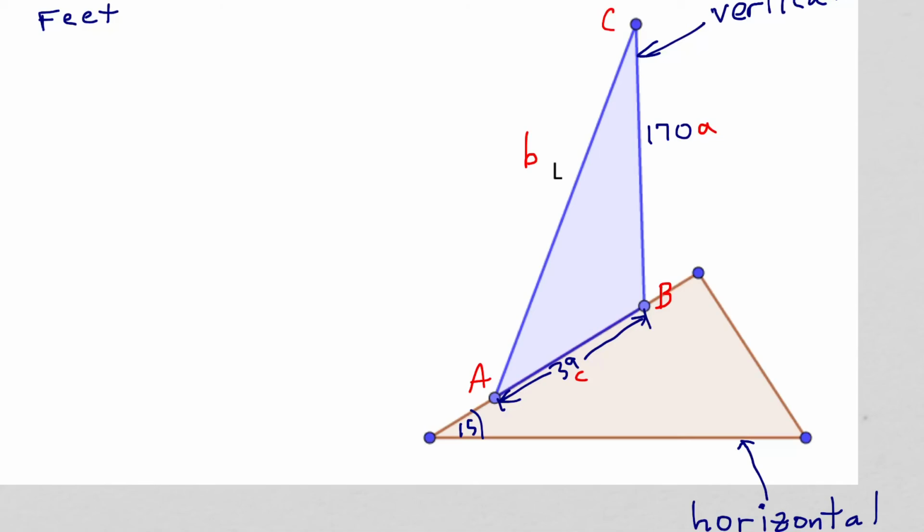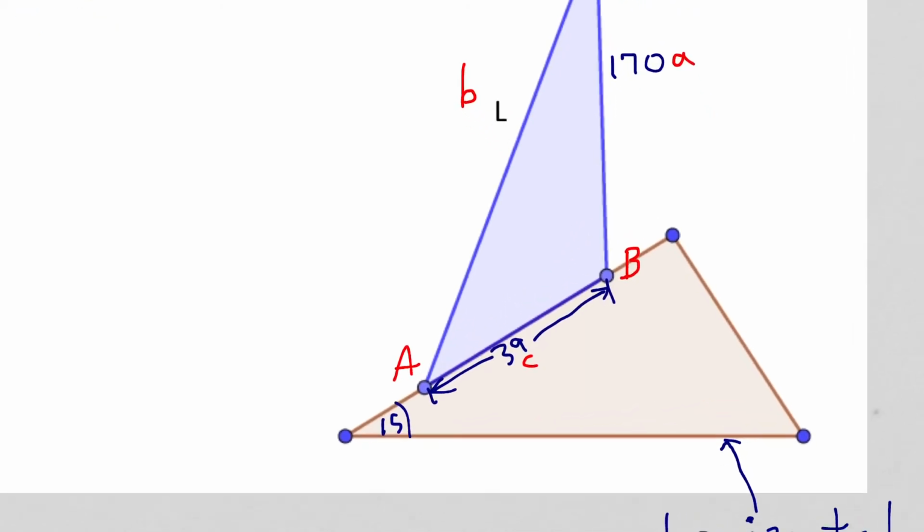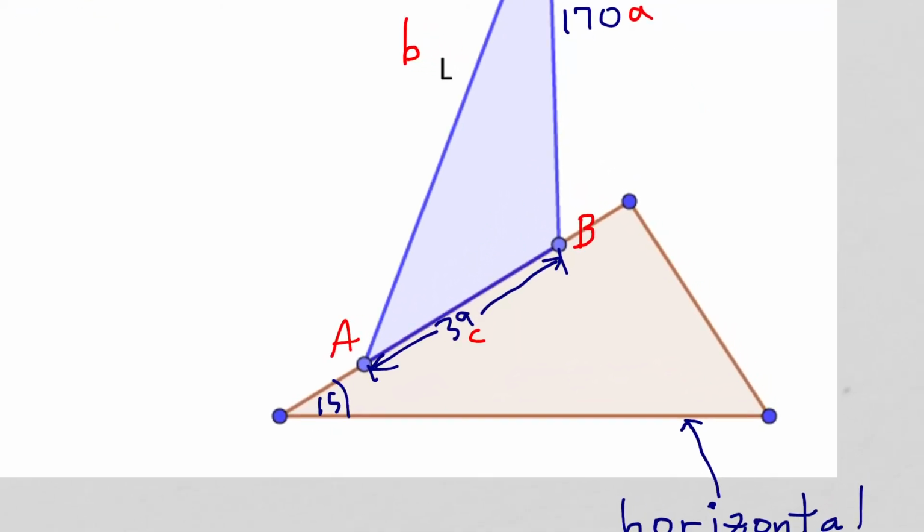Now the way that we normally have to deal with this kind of problem is we need to draw some auxiliary lines. The first one I'm going to do is raise up my horizontal to hit that dot, my A dot right there.